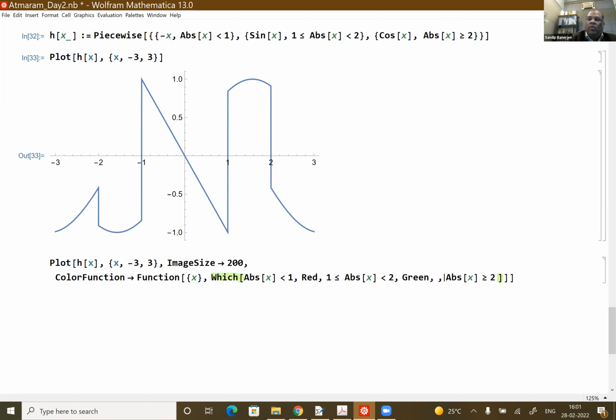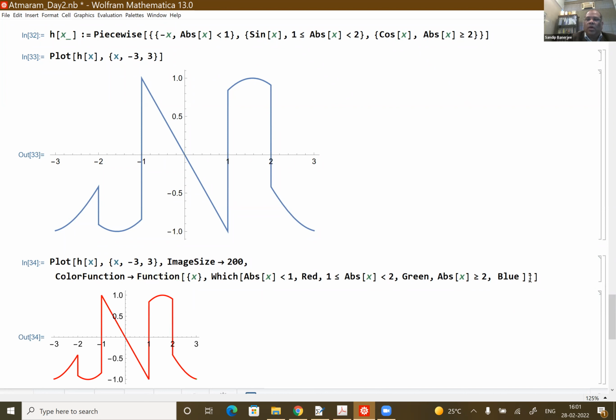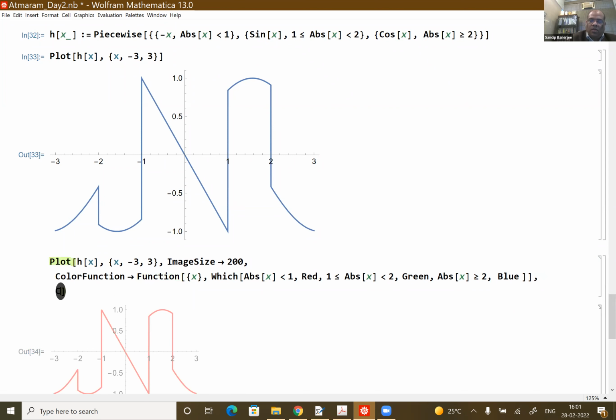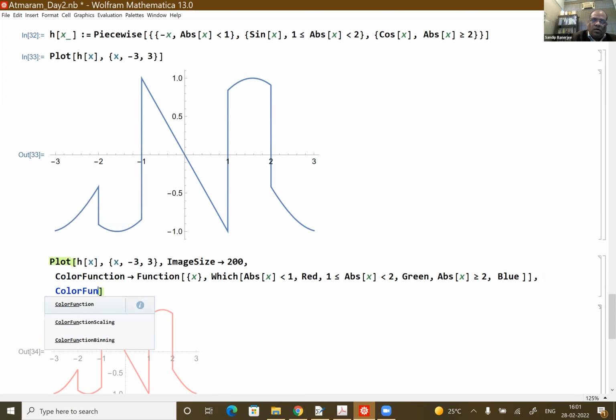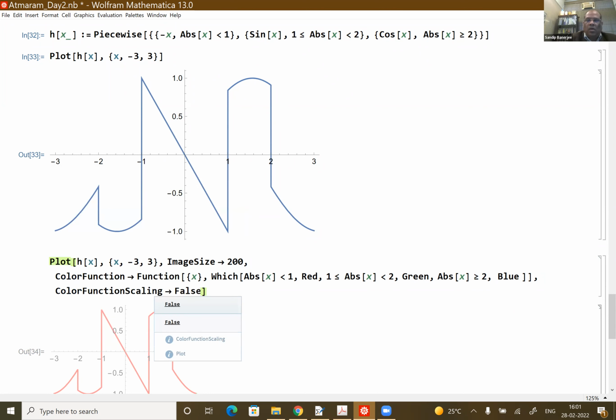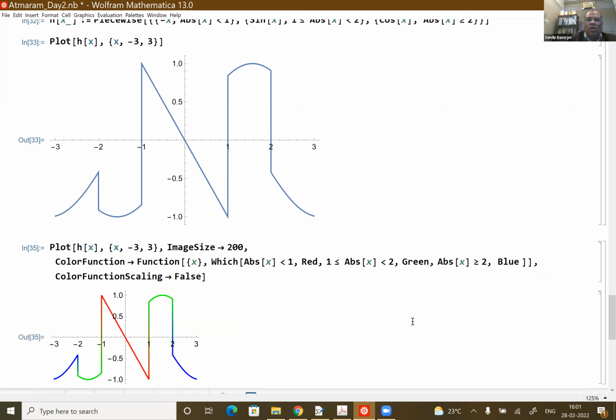Absolute 2, blue. Let's see what it gives.